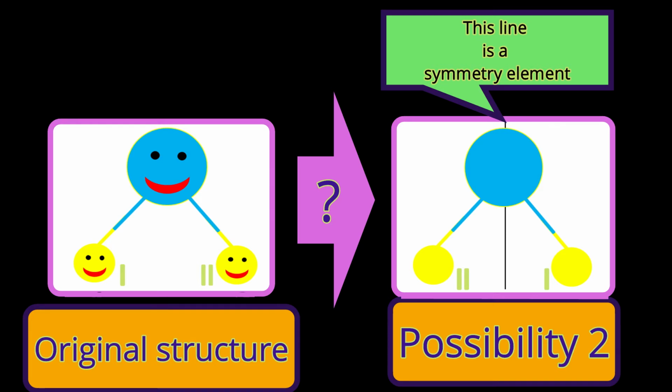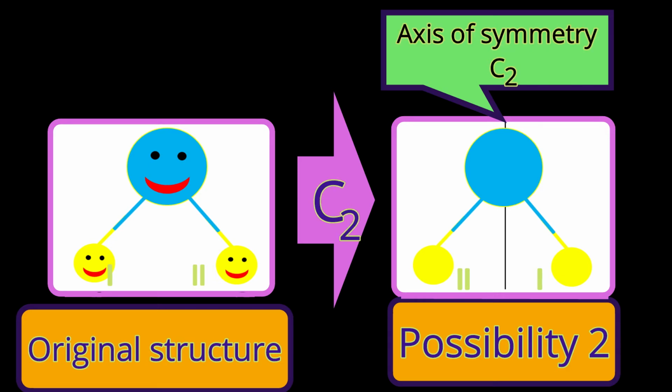Those remain together, though other points are disturbed. So the points which are together are a tool to obtain our possible structure number 2 from the original structure. That line is called an element of symmetry, and the name of that element of symmetry is axis of symmetry, and its name is C2. How it came, we will discuss later.